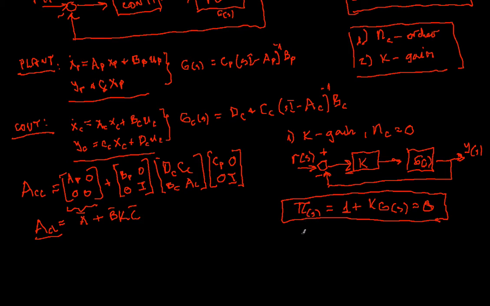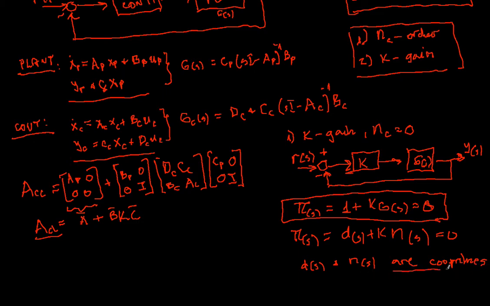P of S also can have the following expression: D of S plus K N of S, equal to 0, providing that D of S and N of S are co-primes. What does it mean, co-primes? They don't share common factors.